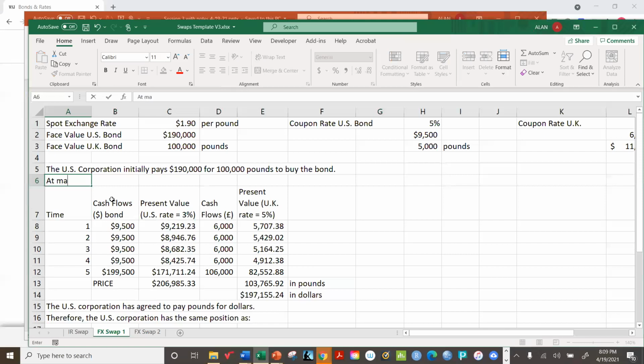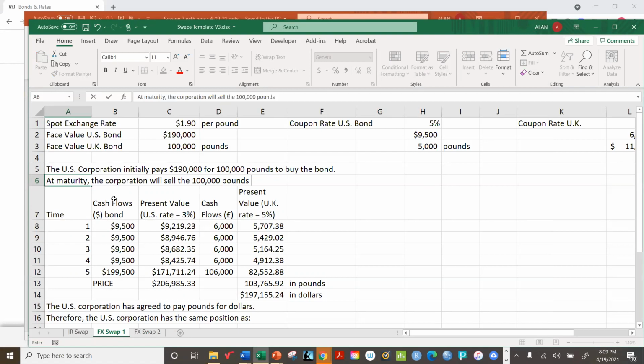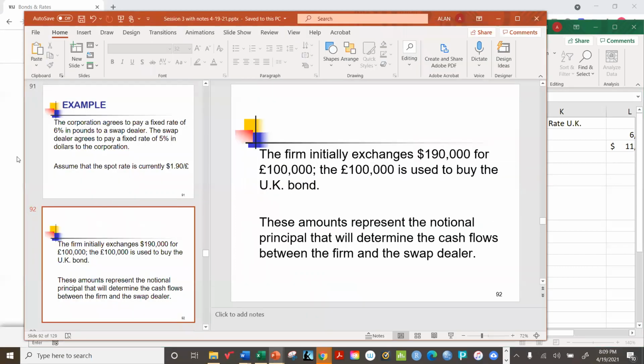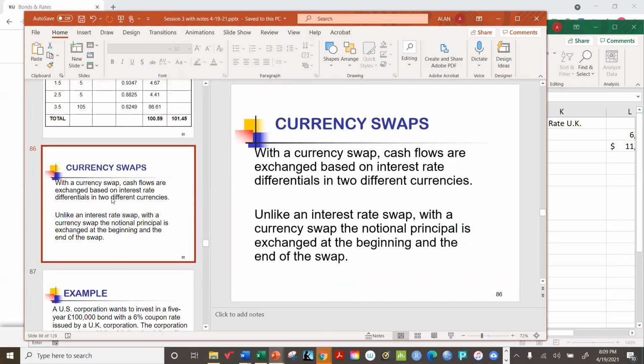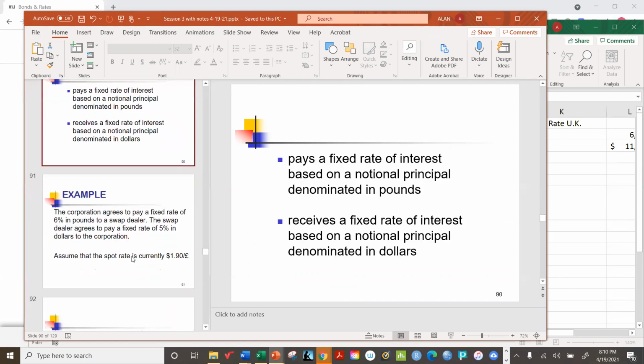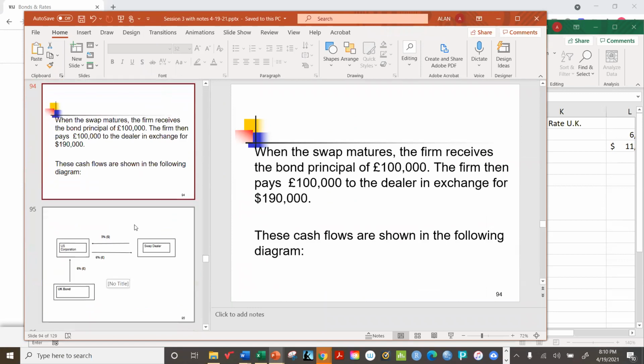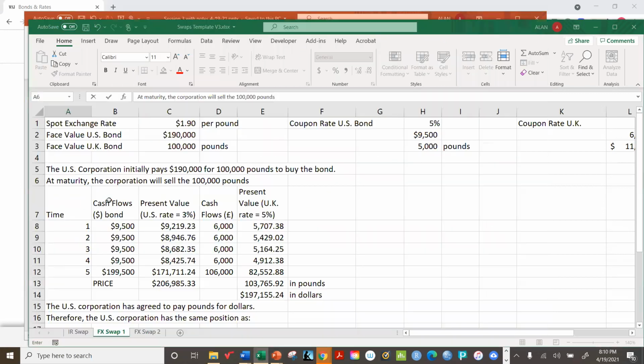Okay, now at maturity, the corporation will sell the 100,000 pounds for $190,000.